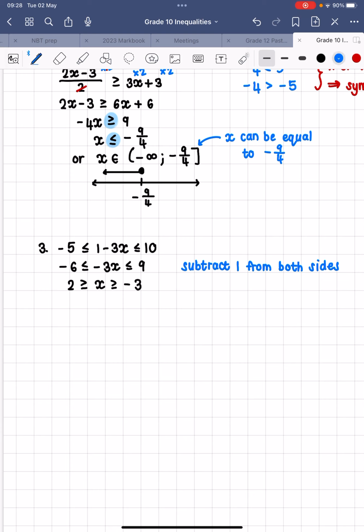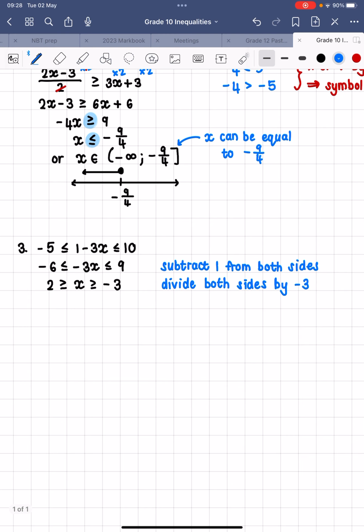All right, so here, divide both sides by -3. And then I'm just going to put in brackets, remember to change symbols.